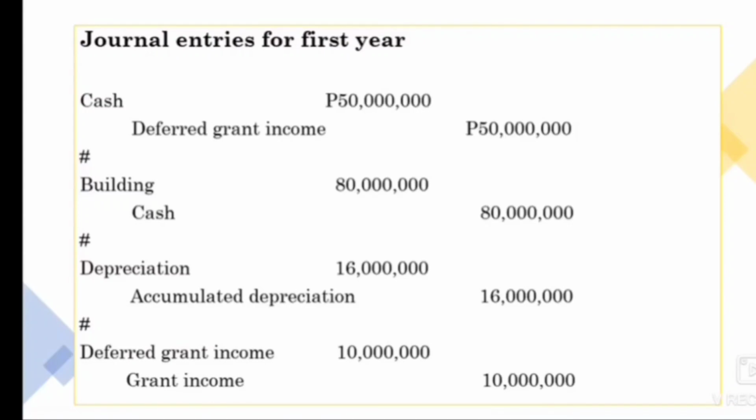So, gagawin lang natin yung formula na binigay kanina sa grants related to asset. So, the formula is amount of grants over the useful life of the asset. So, 50 million divide 5 years, we have 10 million.